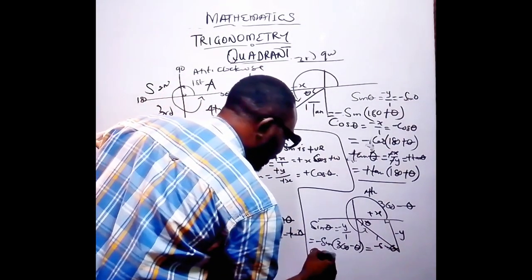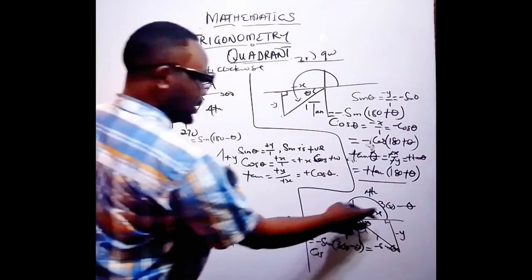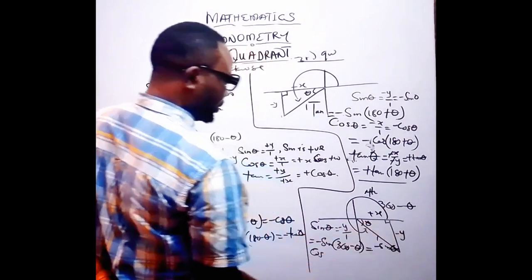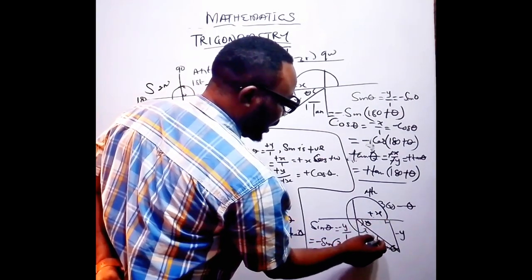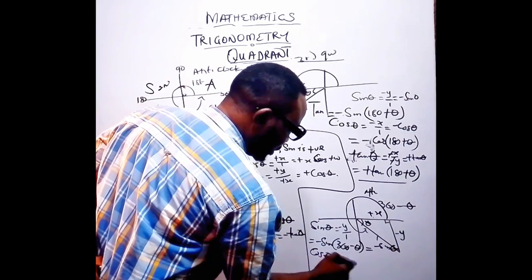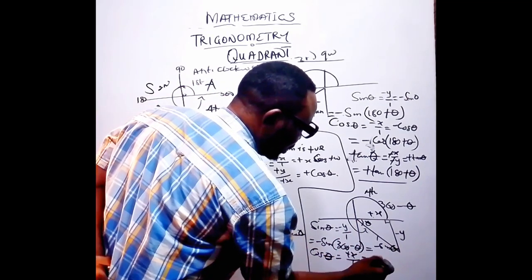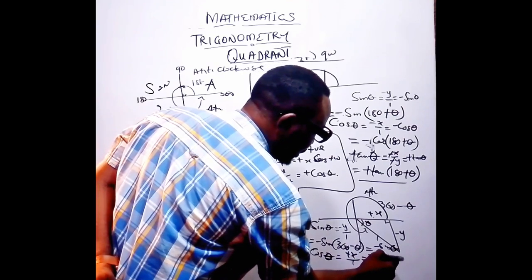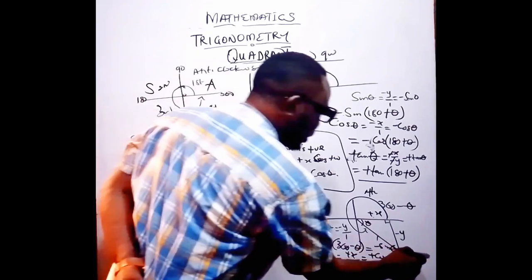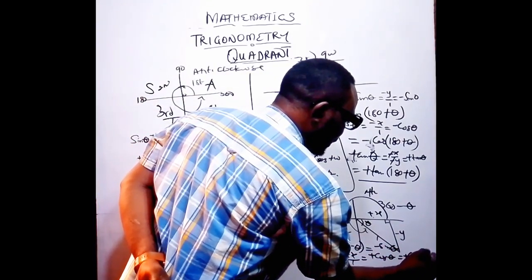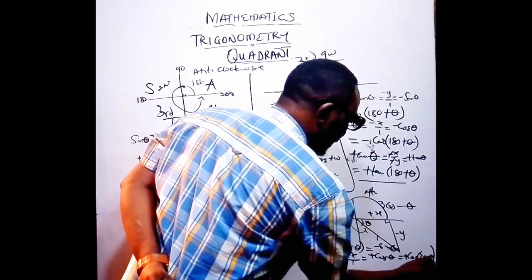Now, for cos theta at the fourth quadrant, cos theta will be equal to adjacent over hypotenuse, which is plus x over 1, which is going to give us plus cos theta, equal to plus cos 360 minus theta.